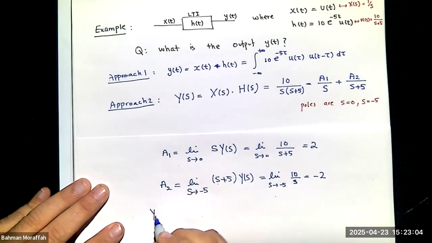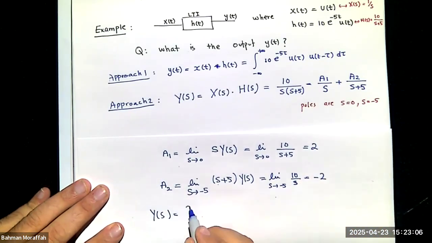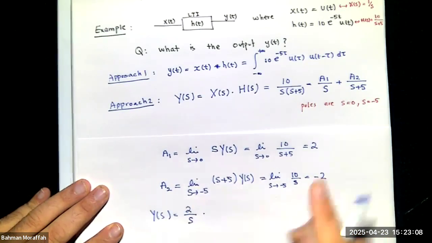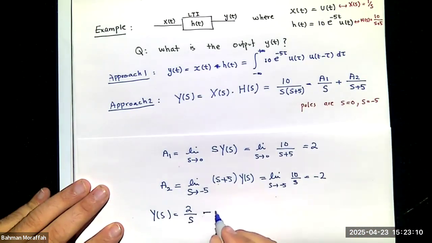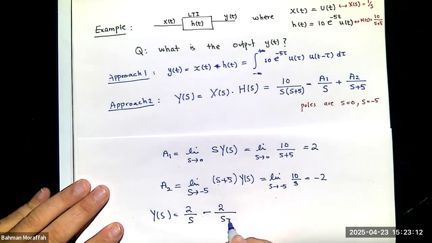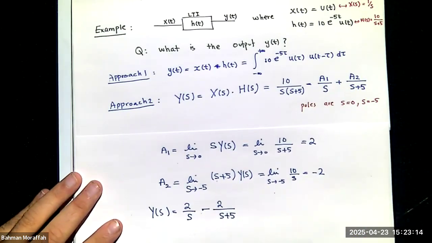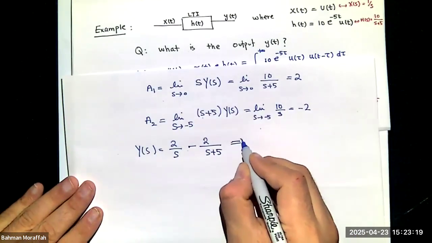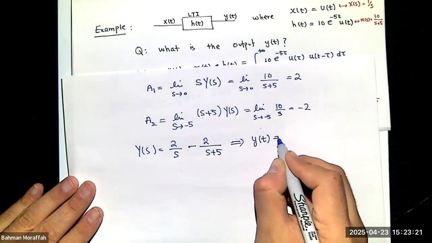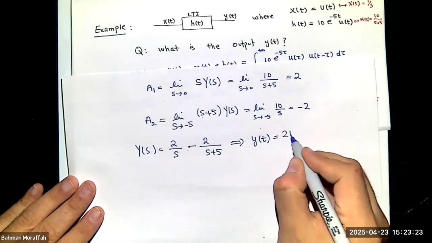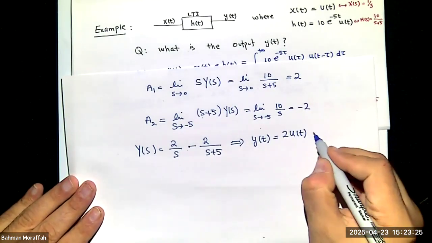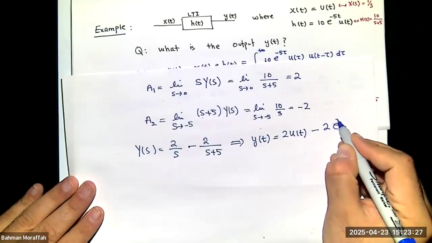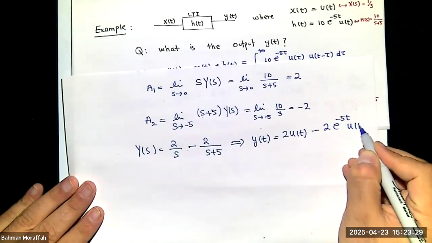Therefore, my y of s is a1 over s plus a2, which is negative 2, over s plus 5. Right? So I know exactly what y of t is. This one is 2 times u of t. This one is negative 2 times e to the power of minus 5t u of t.